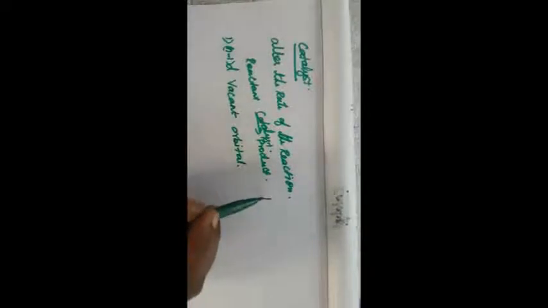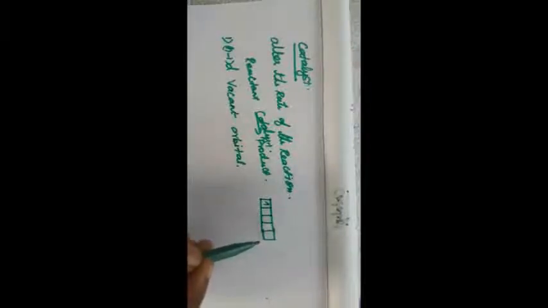Most of the d orbitals are empty, and due to this vacancy the electrons can easily enter and leave. Because of this vacant orbital, bond formation is easy. So the catalyst enters into the d orbital, and after completing the reaction it goes away. This is the first reason.